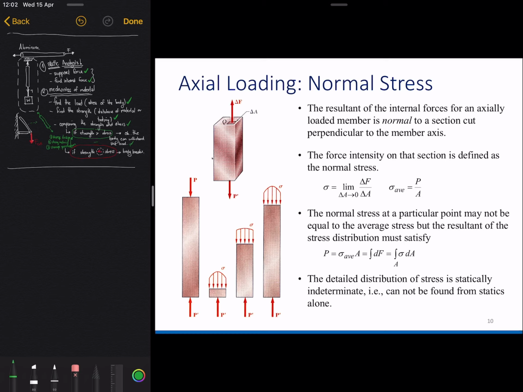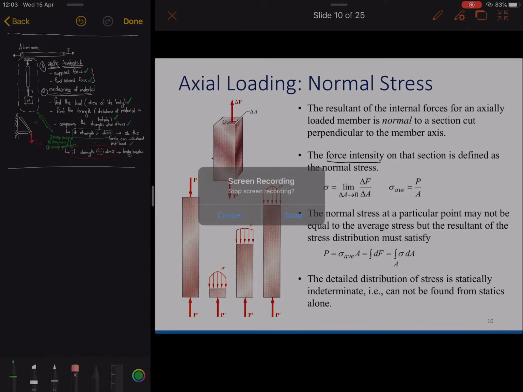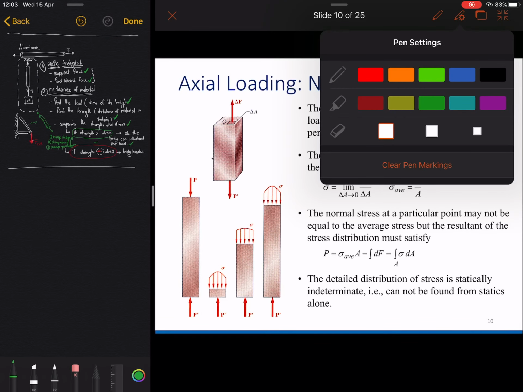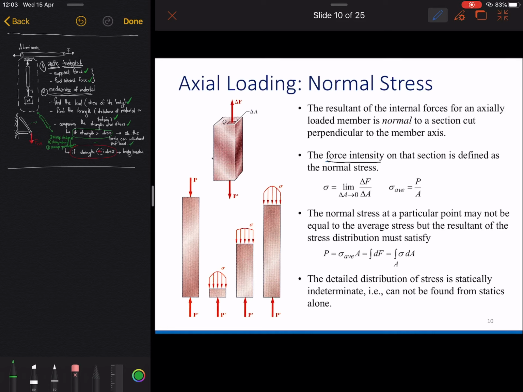In this case we have the boom here. We have this kind of bar here, and then we have normal stress which is perpendicular. And then here, what is the stress? Stress is the force intensity on that section, defined by the normal stress.